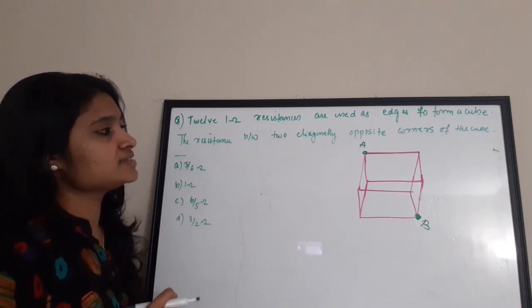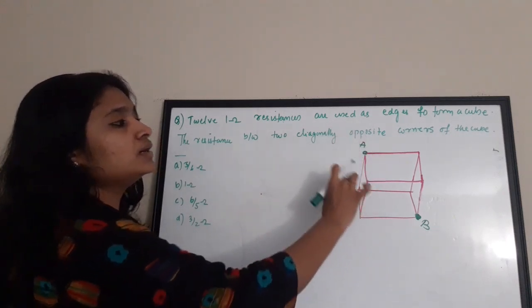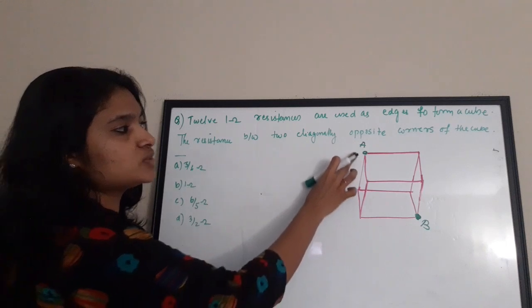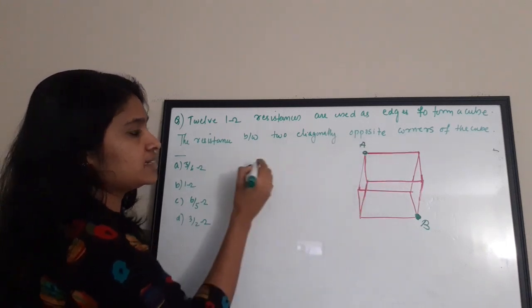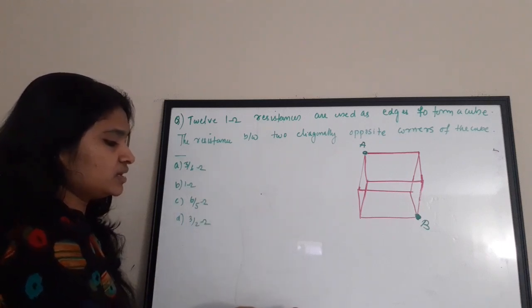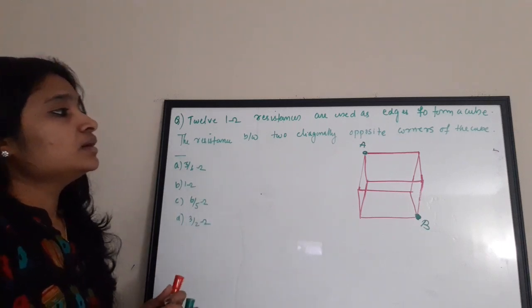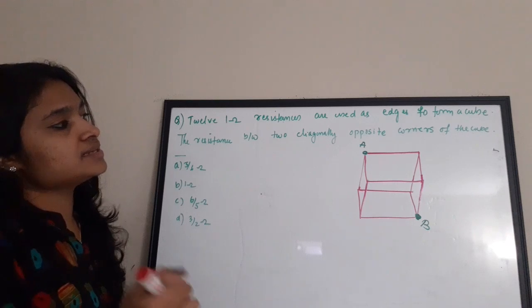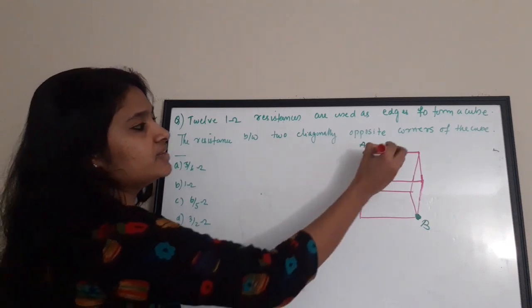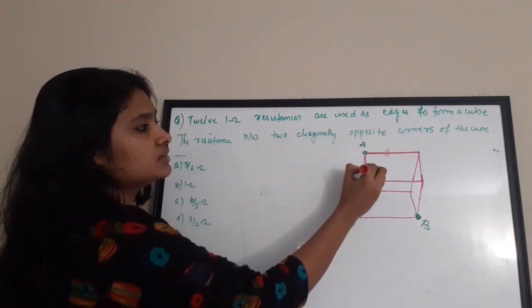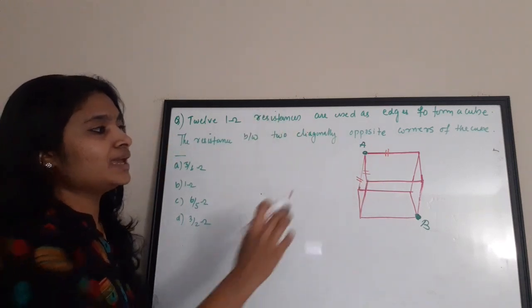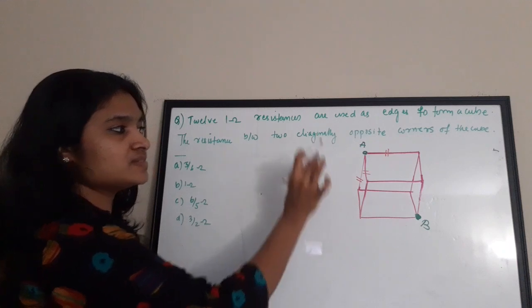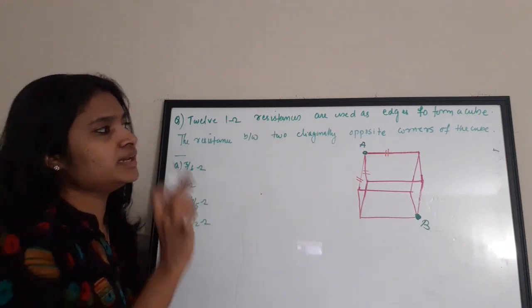We have to first consider the point A. See, this is your A. Now this A is connected with 3 branches. I'll draw it separately here, using a different color. See, A has this branch and this branch, so A has these 3 branches connected to it.